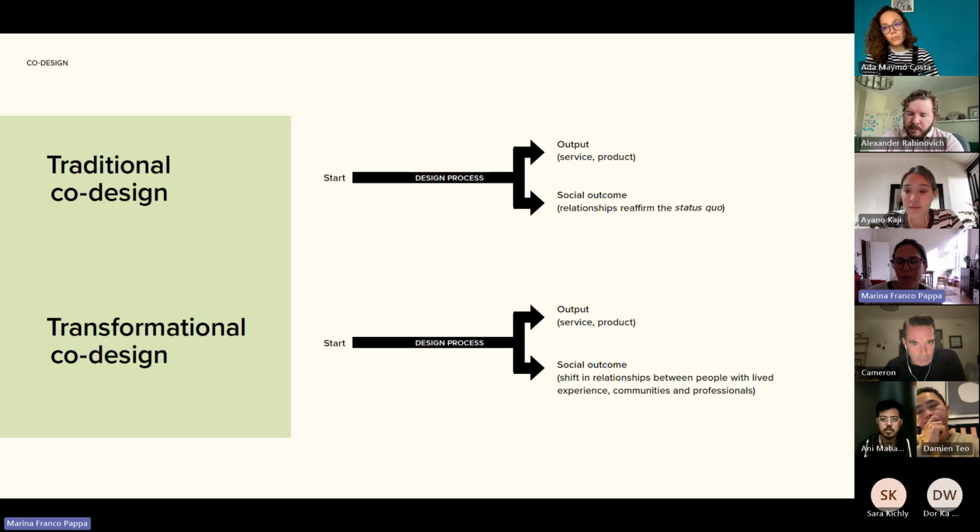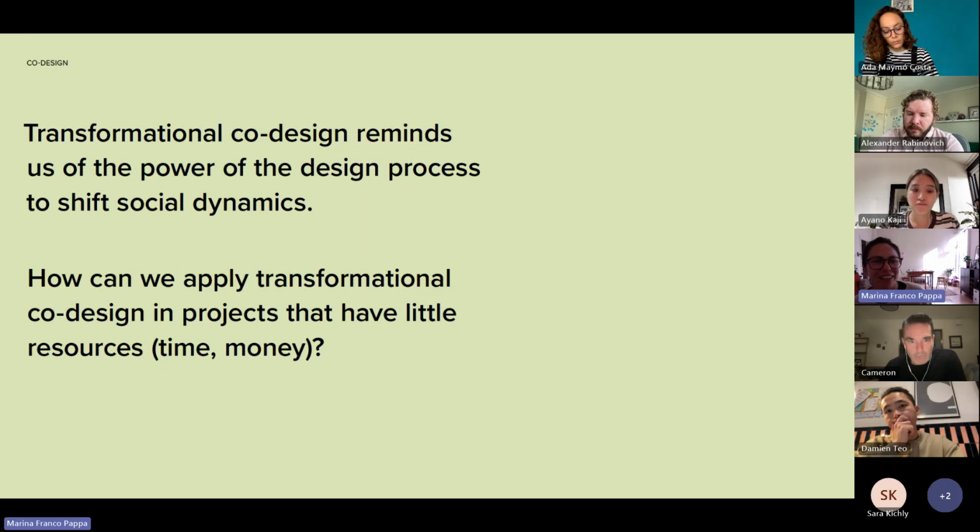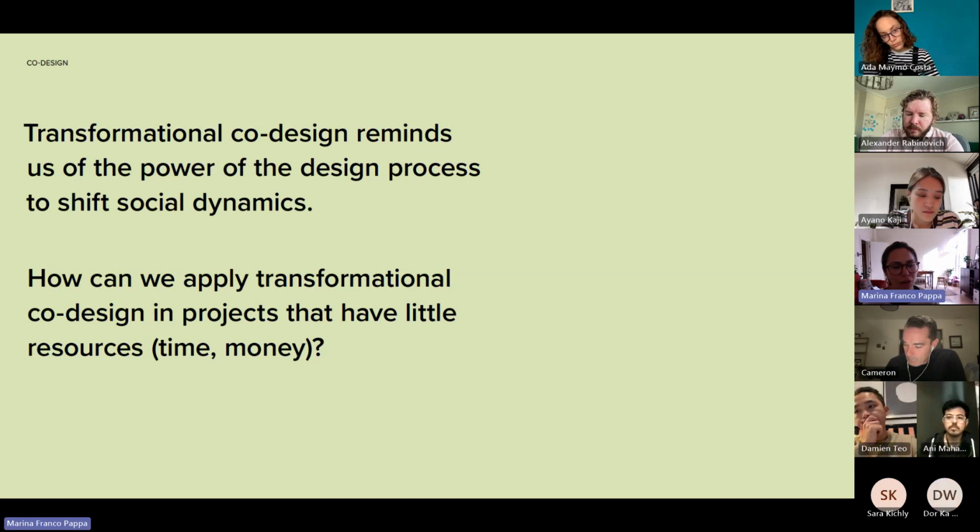So that made me wonder: first, the transformational co-design reminds us of the power of the design process to shift social dynamics. But also, how can we apply this in projects that have so little resources?